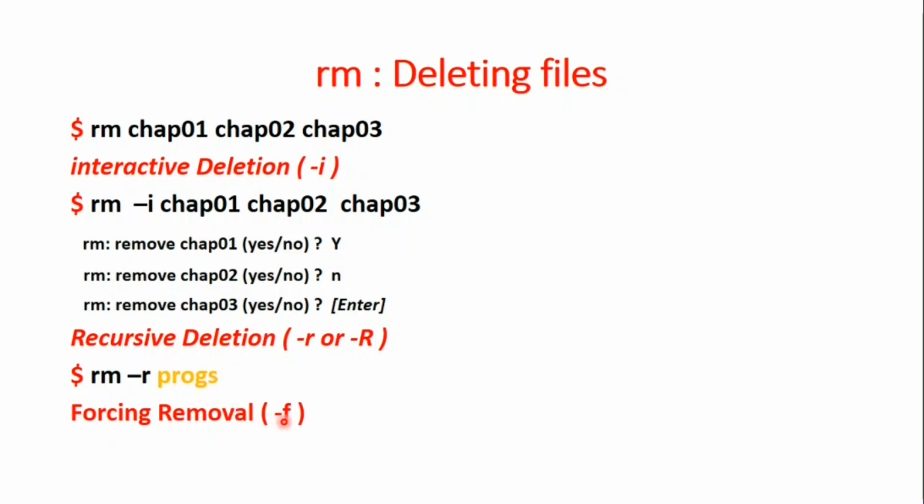So this -f will override this protection and enable the rm command to remove it. So this will recursively remove all the contents of procs, and the files which have protection will be forcefully removed by making use of the option -f. So this is about the rm command.